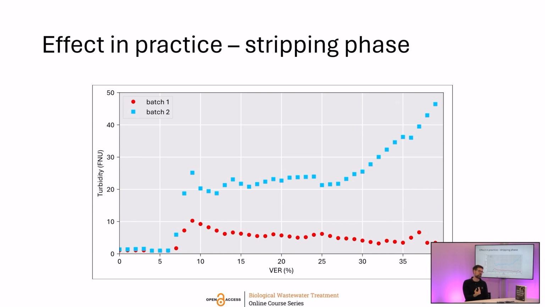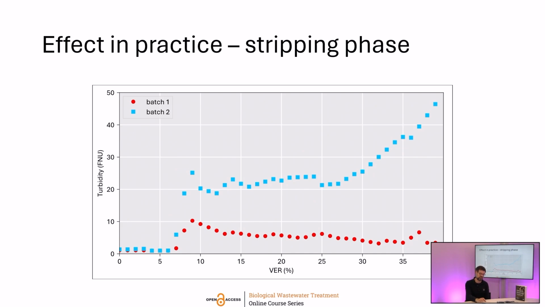And if you have a proper stripping phase, then you don't see that happening, and your total turbidity is much lower than if you don't have that stripping run. So we could really validate that model in our research facility, and we implemented that stripping phase in all scheduling for all Nereda. So it really helps us to improve the effluent turbidity.